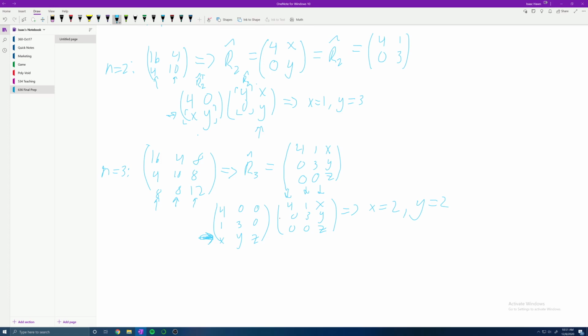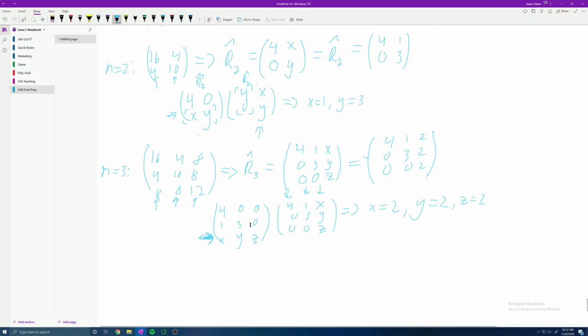So 8 plus z squared is 12, meaning z must be 2 also. Okay, so our final value for R hat 3 is going to be the matrix 4, 0, 0, 1, 3, 0, 2, 2, 2. All right, we're getting there.